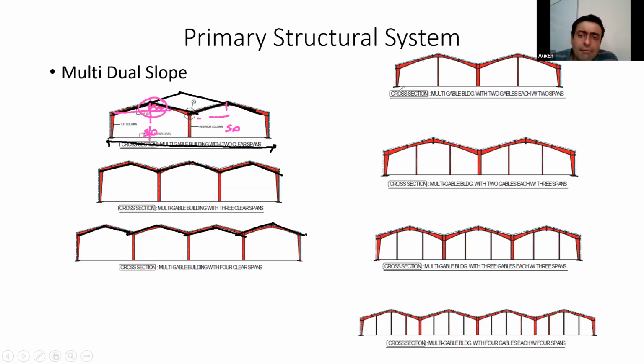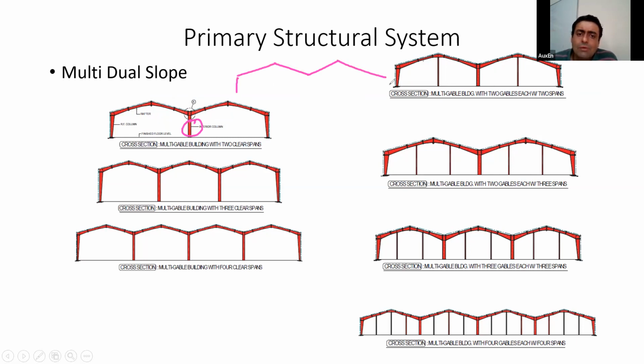The very important problem in multi-slope systems is, number one, you will have to have internal columns. Mr. Dheeraj is asking, why can't we have multiple dual slopes without internal columns? That system in itself becomes very difficult to manage. You can have a system like this also, where you have columns only over here.